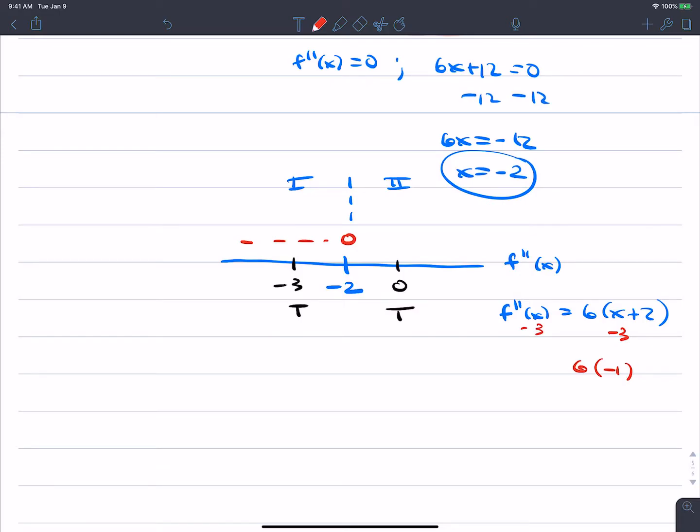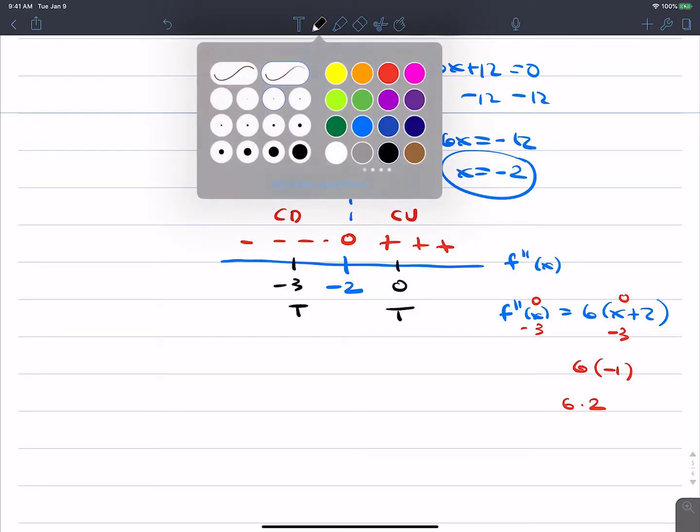What do you guys plug in now? Plug in 0 now, test 0. So if you're going to plug in 0 now, you get 6 times 2, which is positive. There you go. And you got concave what here? Concave down, and this is concave what? Up.